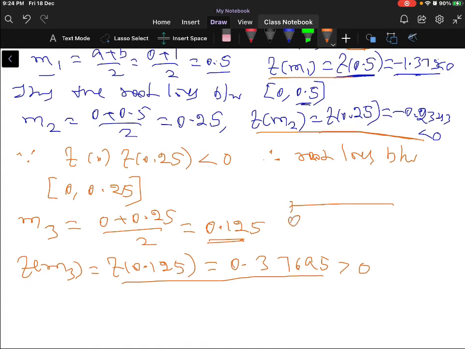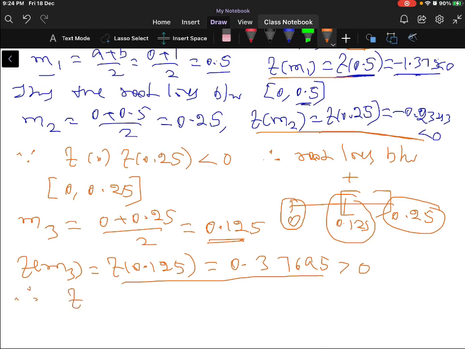Here you can observe that we considered the interval (0, 0.25), where f(0) was positive and f(0.25) is negative. When we bisected the interval, we got 0.125, and f(0.125) is positive. So f(0.25) is negative. Therefore the root lies between 0.125 and 0.25.